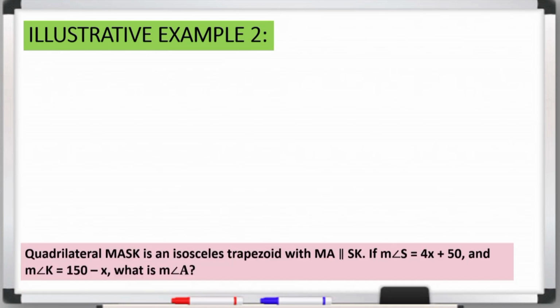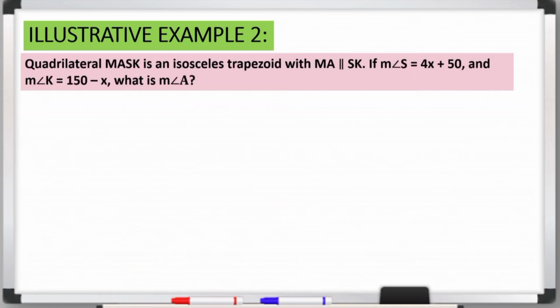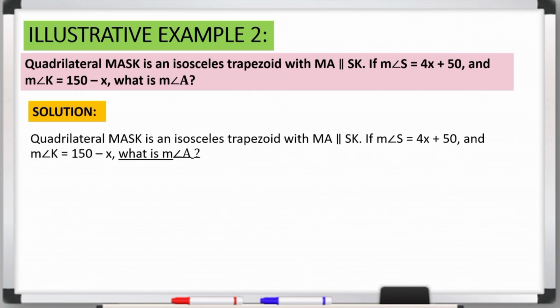Illustrative example number 2. Quadrilateral MASK is an isosceles trapezoid with MA parallel to SK. If measure angle S equals 4x plus 50 and measure angle K equals 150 minus x, what is measure angle A? Okay, solution.